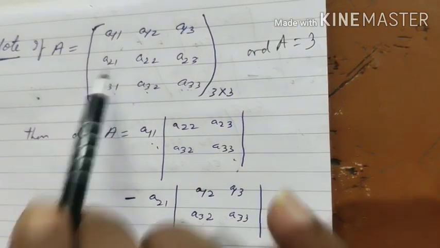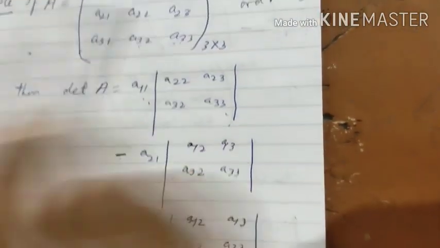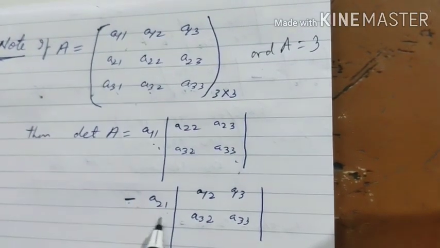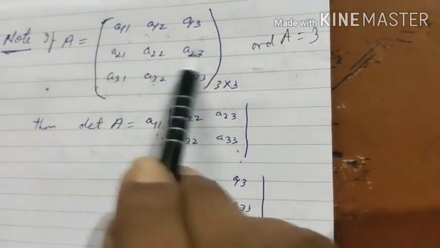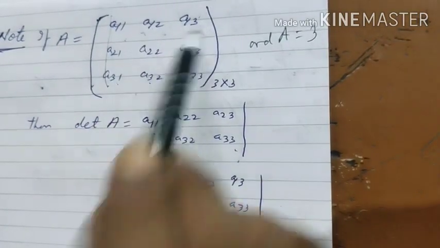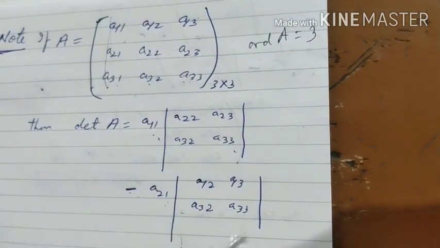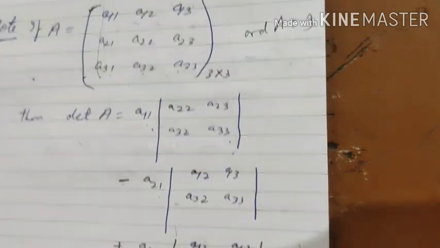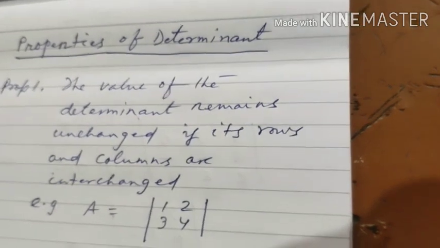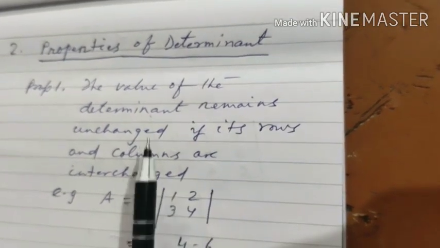Next element is minus A21, so A21 is crossed, and the remaining places are A12, A13, A32, A33, and plus again A31 with A12, A13, A22, A23. For the determinant, there are 7 properties.